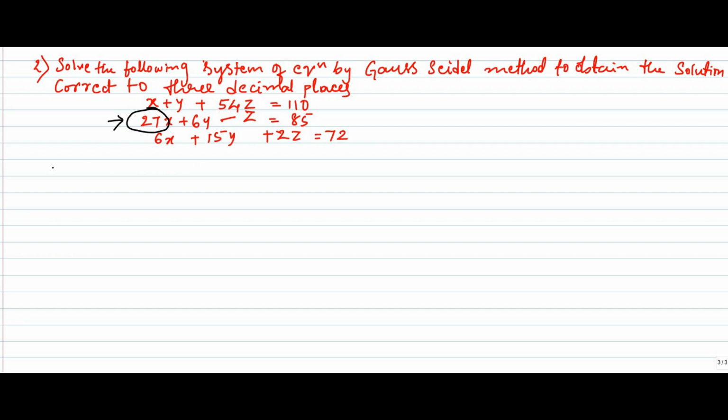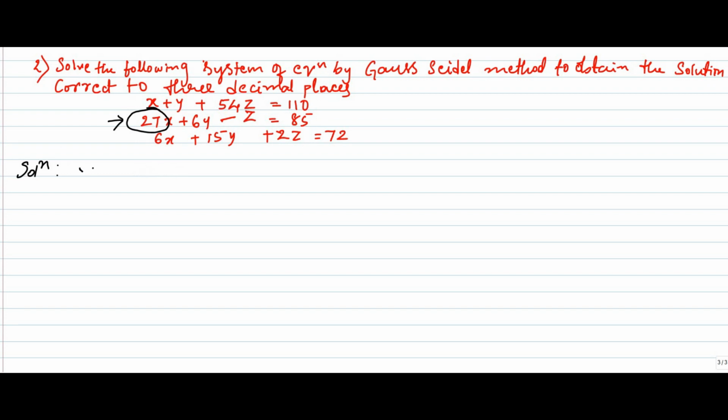So consider this as the first equation for the diagonally dominant. So 27x plus... first of all, you can write the conclusion here, why we are writing like this.